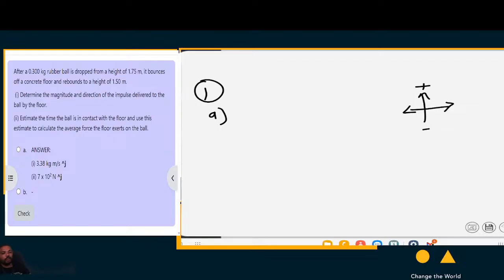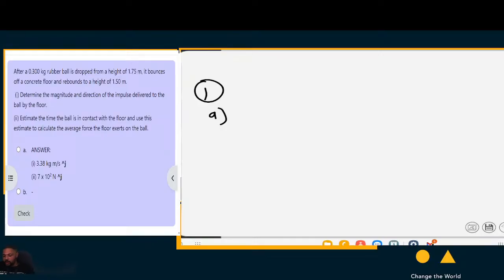That is my sign convention: all my vectors going up are positive, and my vectors going down are denoted with a negative. I always choose up as positive. You can choose it the other way, and it won't change the final answer, it depends on what you chose.